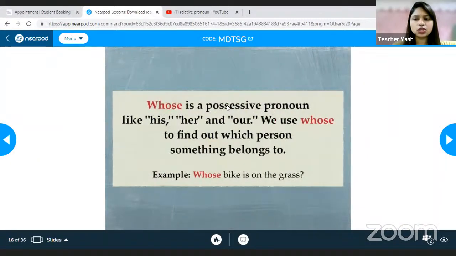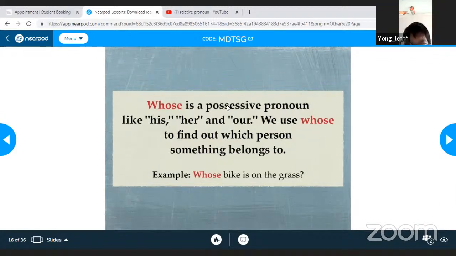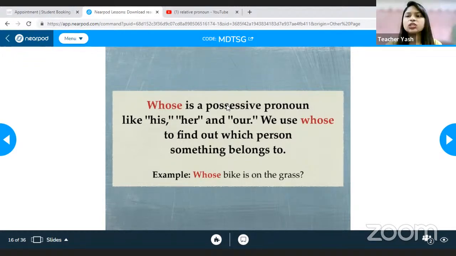Next is whose. Yongla. Whose is a possessive pronoun like his, her, and our. We use whose to find out which person something belongs to. Example, whose bike is on the grass? Yes. So just now, whom is we want to know who received the action, who got the action. But this one, we want to know whose thing is that, whose object is that, who is the owner of the thing.